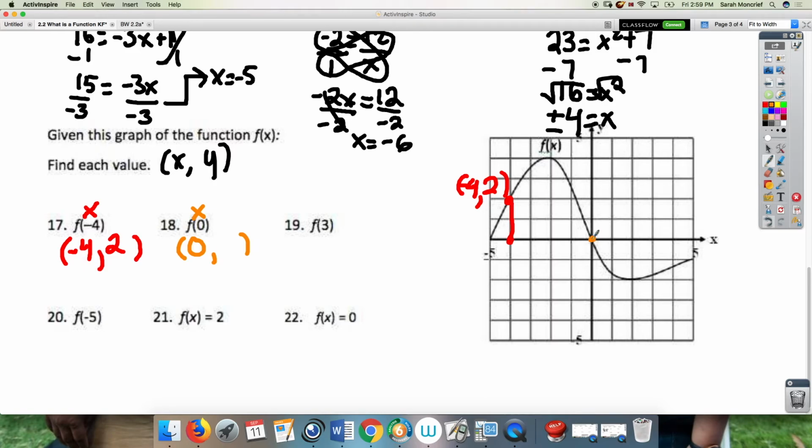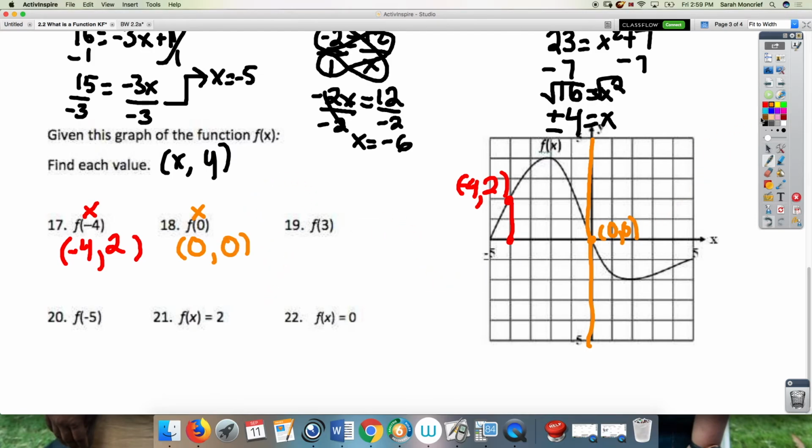It's right here. And were we looking for an x or a y when we have an x? Y. Since we're looking for a y, are we going to draw a line up and down or left and right? Up and down. Now, if we were to draw a line all the way down, how many spots do I cross the line? 1. So this is the one spot that it is. What point is this? 0, 0. So my answer for 18 is 0, 0.